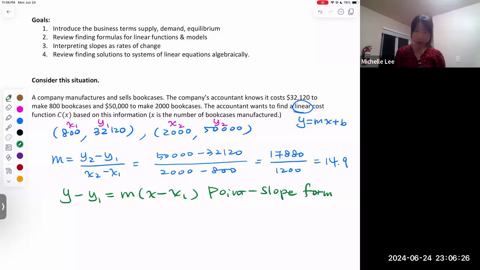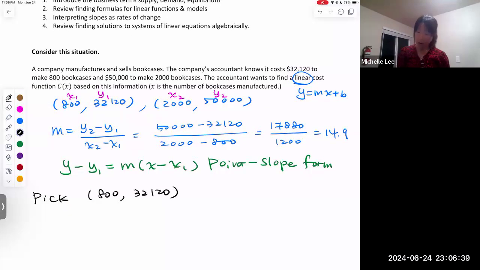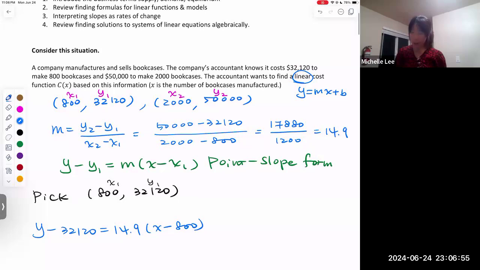Let's pick the first one, 800, 32,120. So this is x sub 1, y sub 1, right? So we have y minus y sub 1 equal to slope times x minus 800.